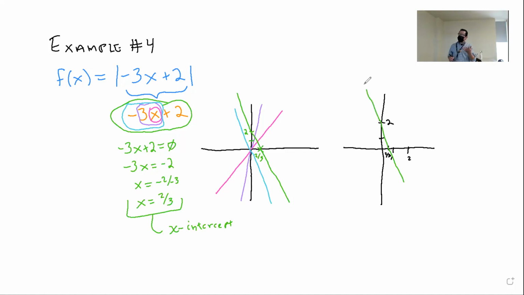Okay, so that is the function that's inside the absolute value.